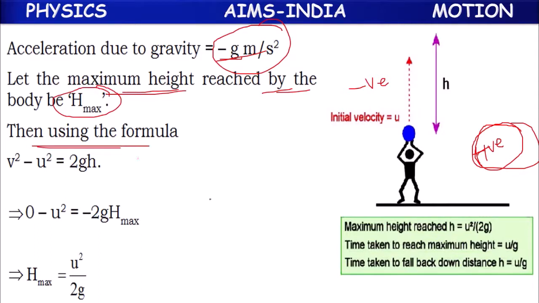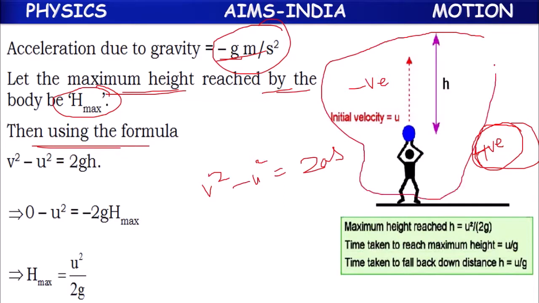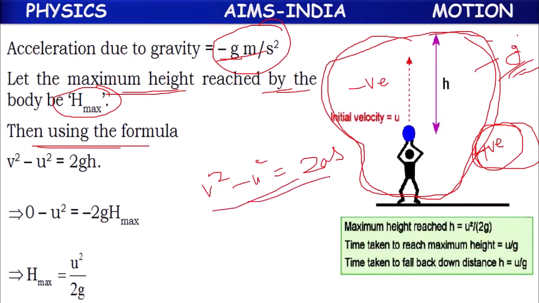Because this motion is happening under the influence of gravity, where the acceleration due to gravity is constant, this is a uniformly accelerated motion, so we can apply the equations of motion here.